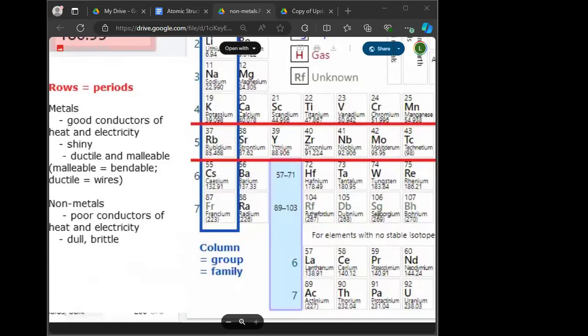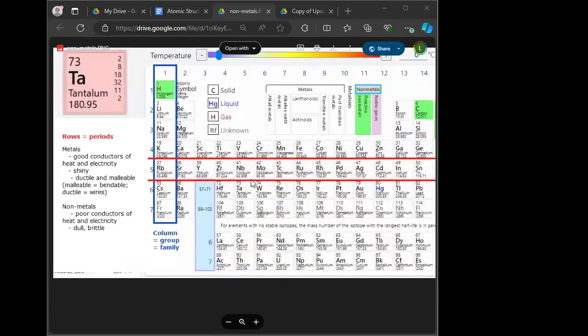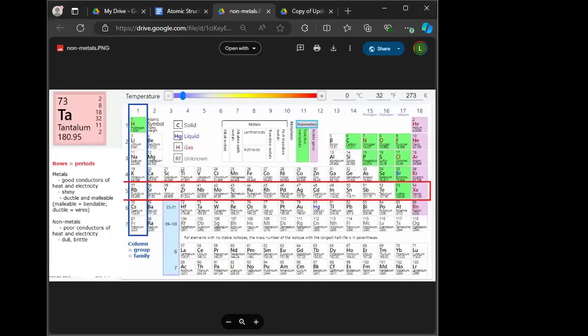Okay. And then, like I said, the nonmetals are more on the right-hand side of the periodic table. So everything that's colored there, that's a nonmetal.